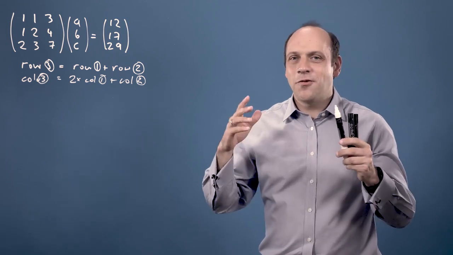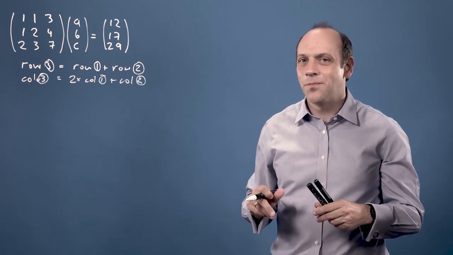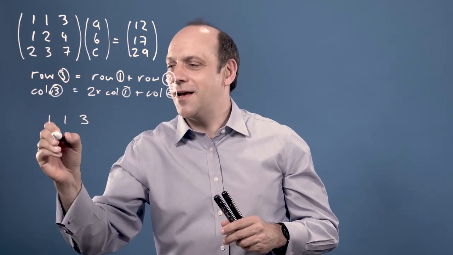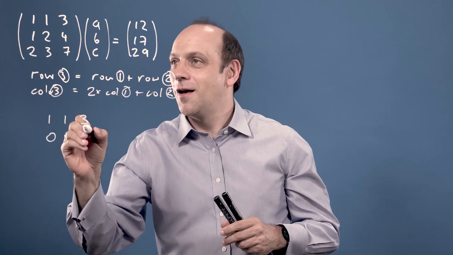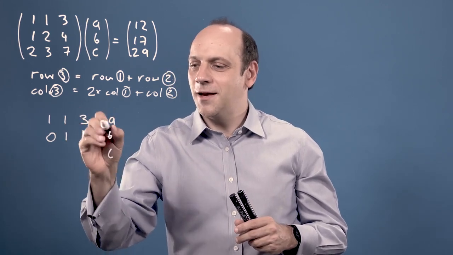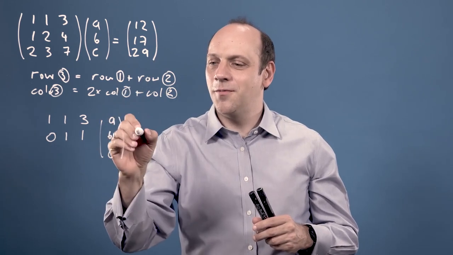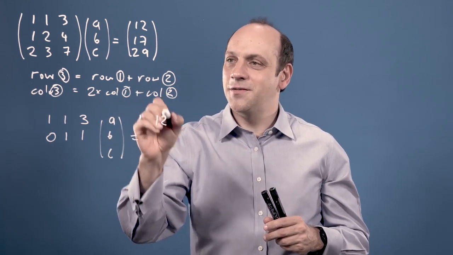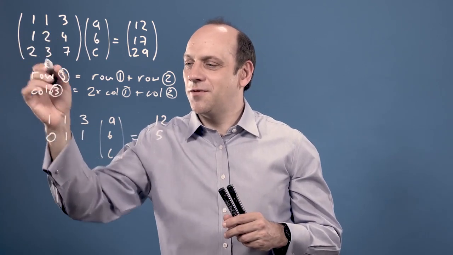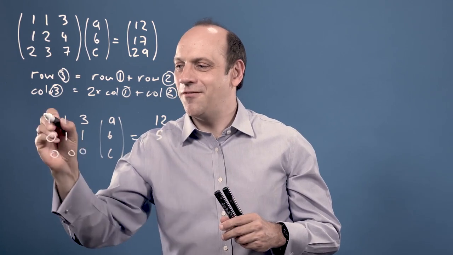So let's see what happens when I try to reduce this to row echelon form. If I take the first row off the second, okay, so far so good. I've got that, and my a, b, c stays the same. And I take the first one off the third one. So I've got 12, take 12 off 17, I've got 5. If I then take the first and second ones off the third one, I've now got zeros everywhere here.